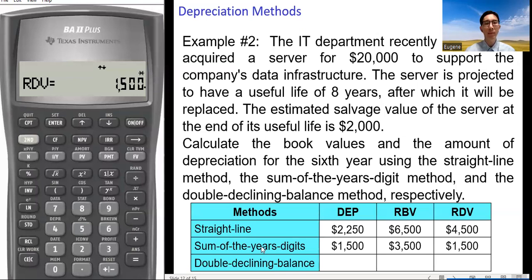The last one, the double declining balance. We get to DB. The declining percentage is 200. So enter 200.